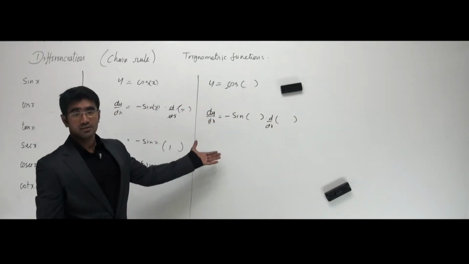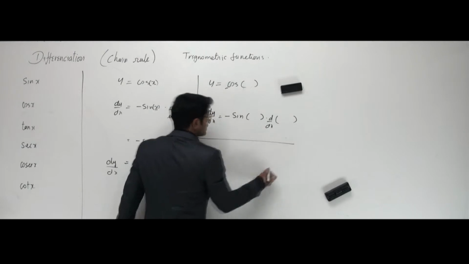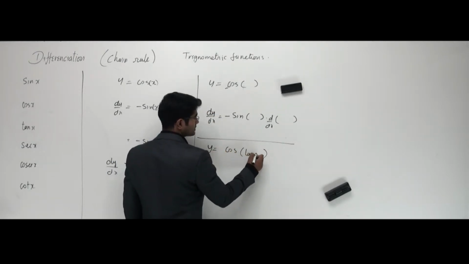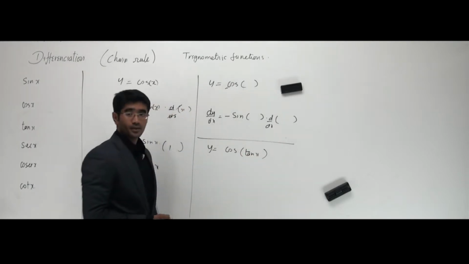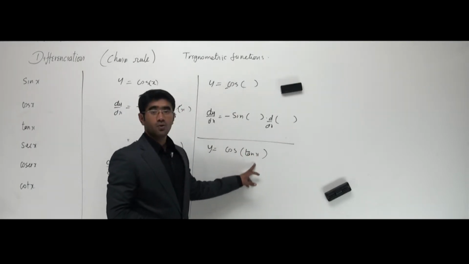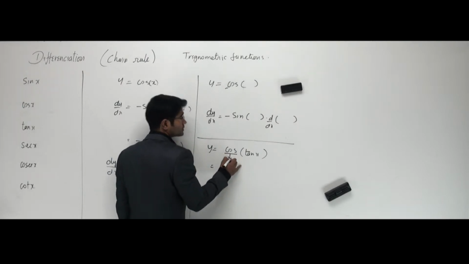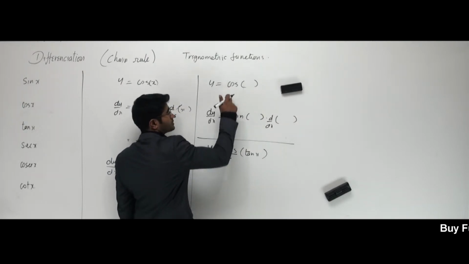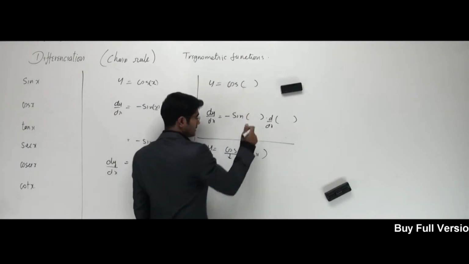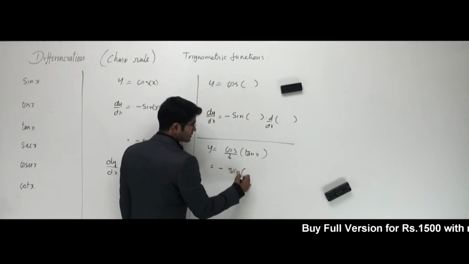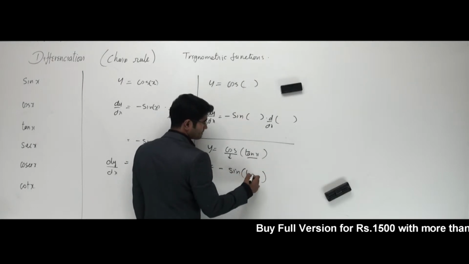That's the chain part in this. So if I have to apply, let's say, y is equal to cos of tan x inside, there's a chain: tan of x, and the whole thing is inside cos. How do I open cos? Cos is differentiated as minus sine of whatever is inside, that is tan x.